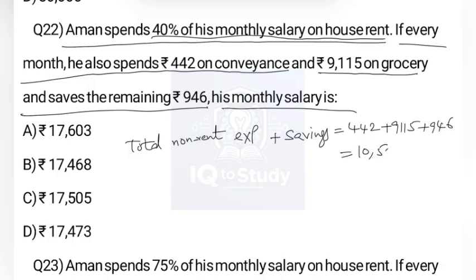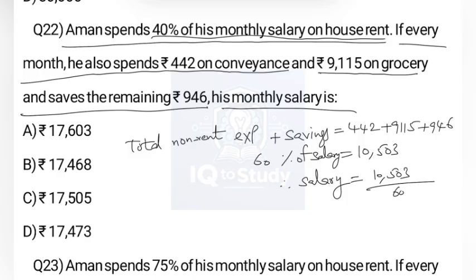This is 60% of salary. So salary is equal to 10,503 divided by 60 by 100. That is equal to 17,505 rupees.